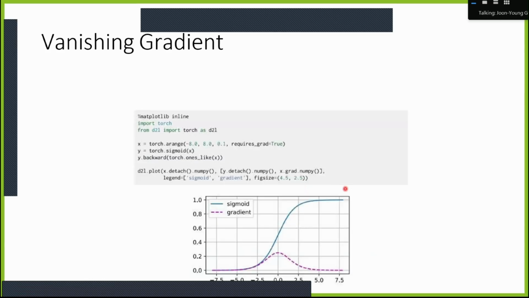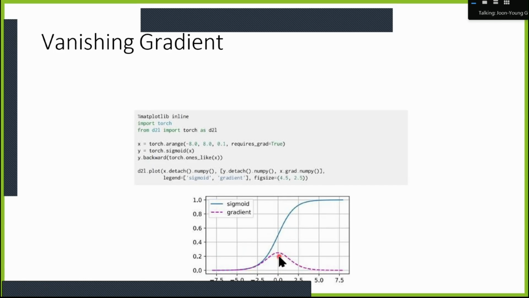But we know that the gradients correspond to the slope. When we visualize the gradient of the sigmoid function, we see that when the values get higher and higher or lower, toward the extreme values, the gradients become 0.